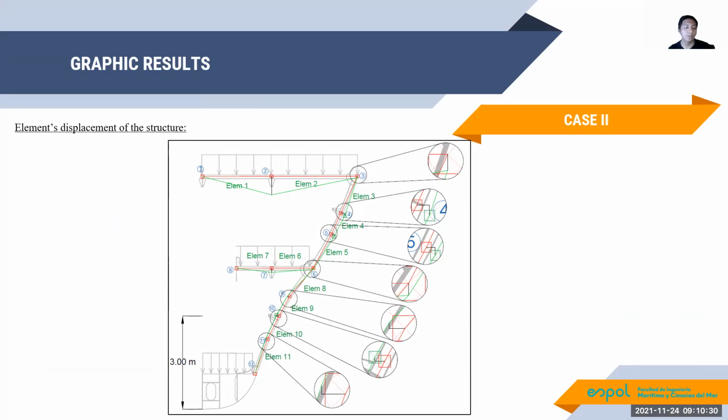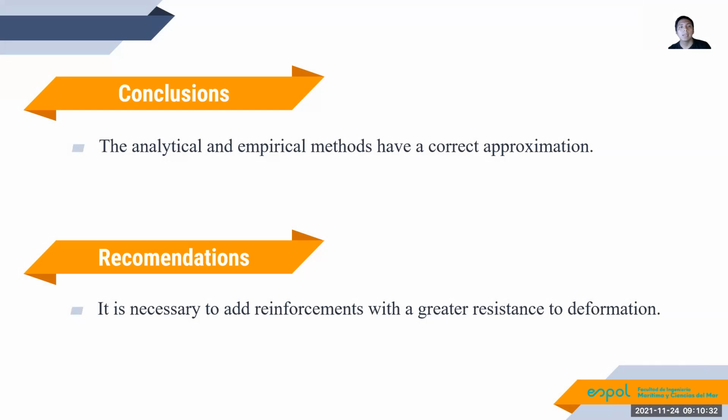And for the conclusion, we developed a computer program that allows us to analyze the physical behavior and structure arrangement by applying the finite element method. On the other hand, in the structure of the first case that was analyzed, the most critical element is element 3, because at that point it is at 70% of the yield point and is considered safe.